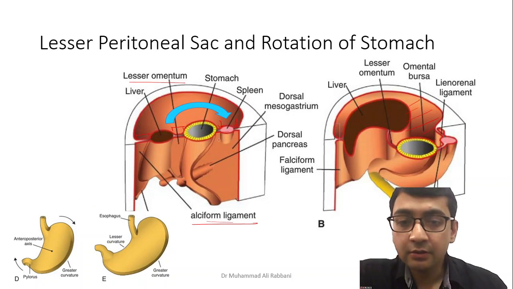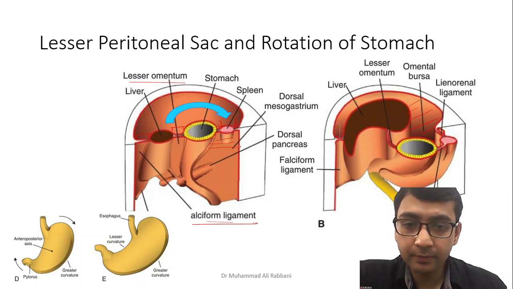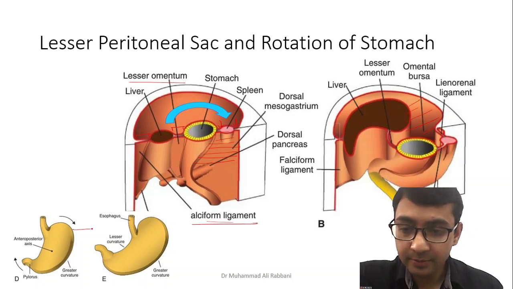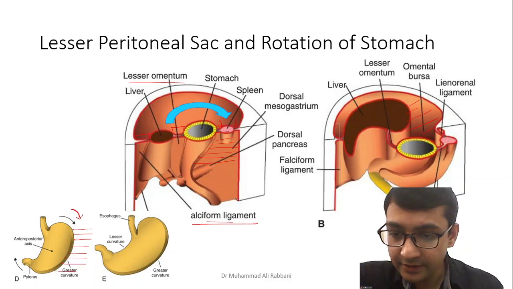Before, you can just imagine the lines of the tension of the dorsal mesentery were like this. Dorsal mesentery was simply directed from the stomach back to the posterior wall. When it rotates, upper end goes down, lower end goes up.